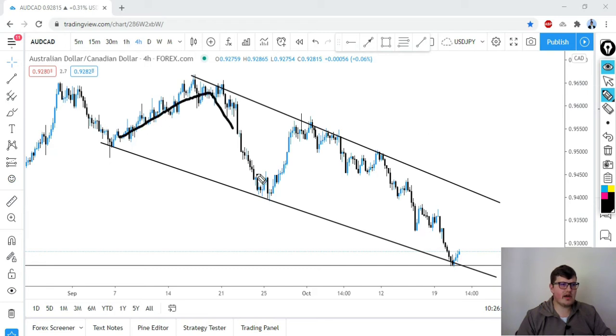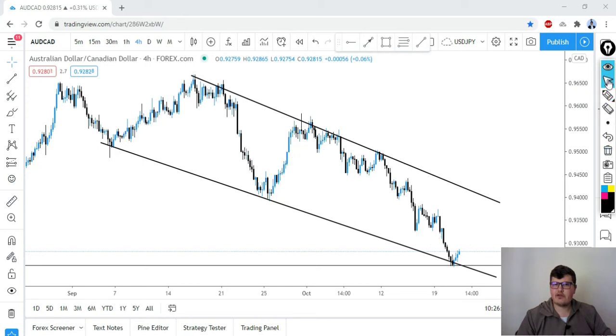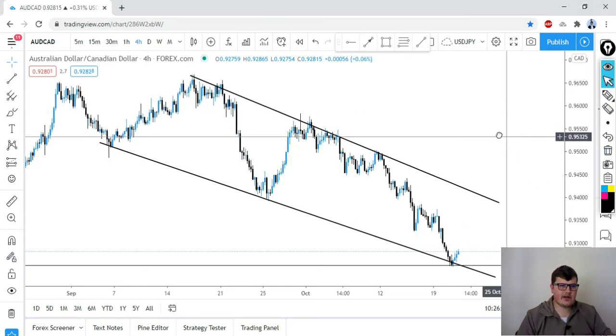Price is bouncing, getting smaller and smaller in this wedge, and it builds up momentum, and there's usually an aggressive move higher in the case of a falling wedge. Rising wedges, on the other hand, usually see an aggressive move lower. So that just adds confluence to my upside trading idea.